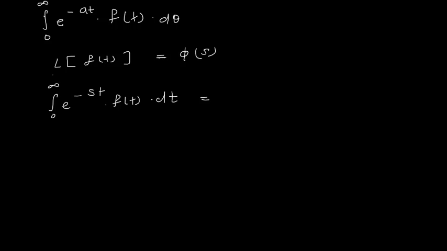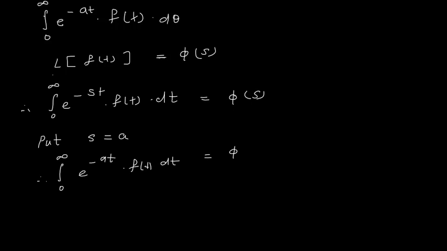We get some function of s. Okay. Now, if we put s is equals to a, then what we get? We get 0 to infinity e power minus at into f of t dt is equals to phi of a.